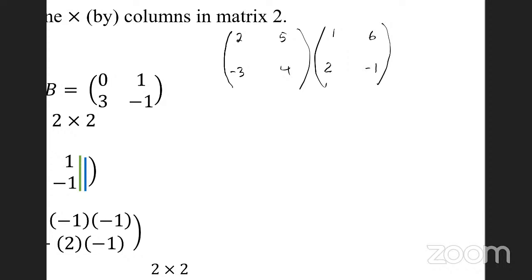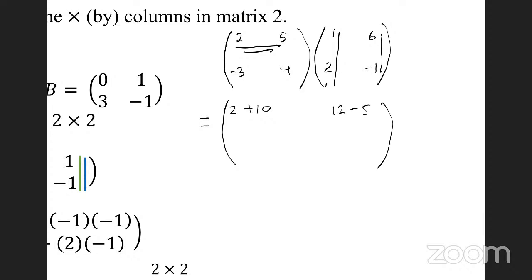All right, let's see what you got. Right, so 2 by 1, so you're multiplying this row by this column. 2 by 1 is 2, 5 by 2, 10. And then this row by this column, 2 by 6 is 12, 5 by minus 1 is minus 5.